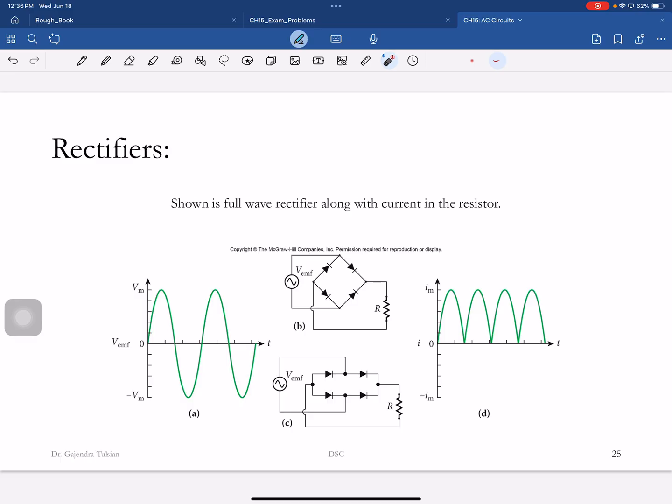During the negative cycle, when this is negative, it'll flow like this. So now you have current flowing through both cycles. So you feed this voltage, and what you see across here, if you connect a voltmeter here, is this.